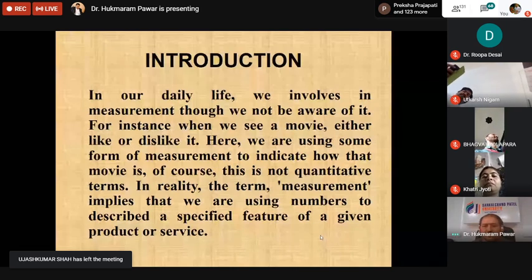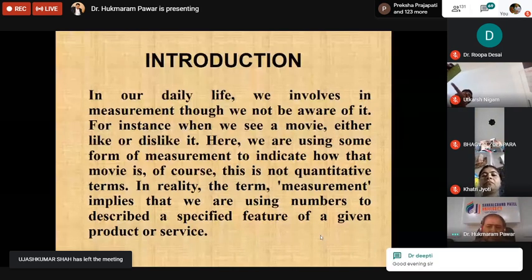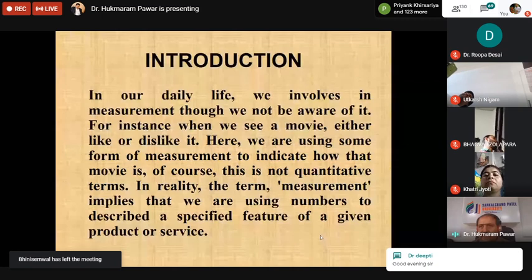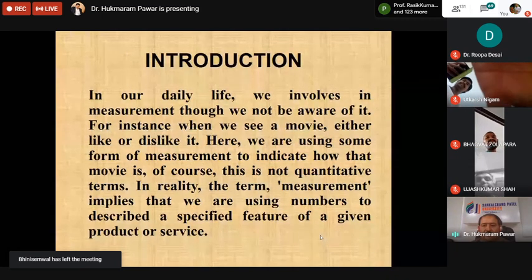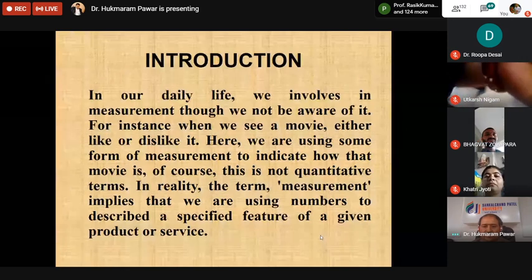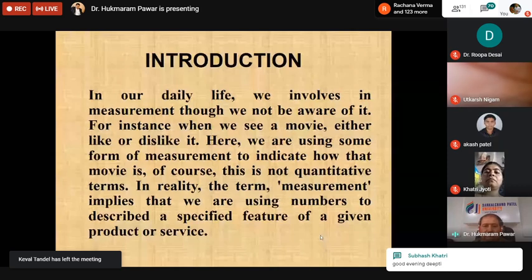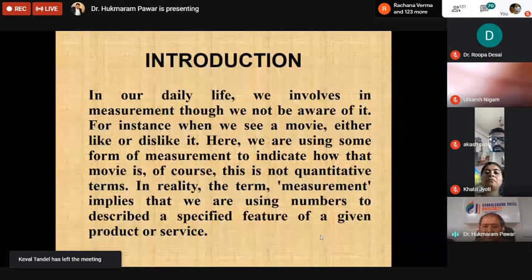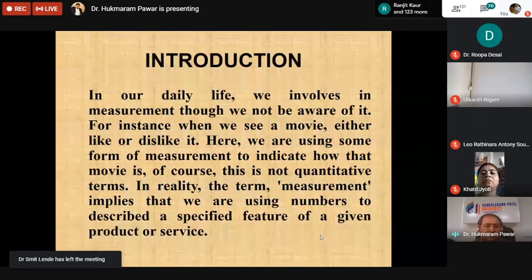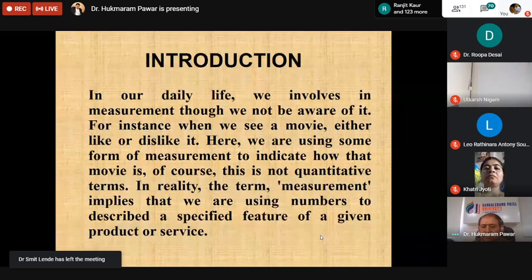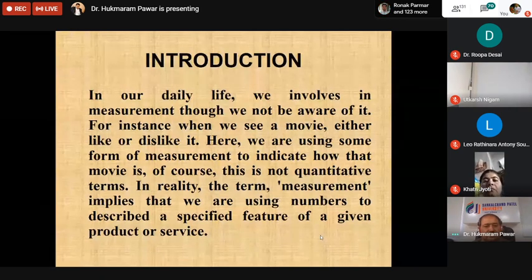For instance, when we see a movie, or when you are attending this lecture, at that time you are measuring whether it is good, whether you like it, whether you like it very much. So what is this? This is called measurement. Here we are using some form of measurement to indicate how that lecture is, how that movie is. Of course, this is not in quantitative terms.